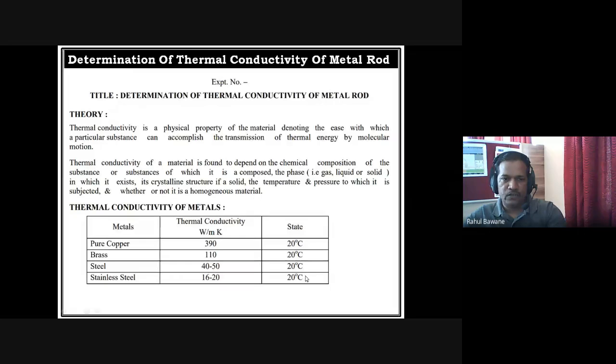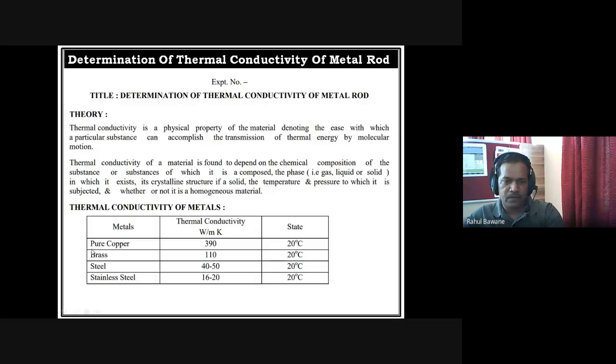If we go with metals, we observe that as we increase the temperature, that means if we heat the metals, then their thermal conductivity decreases, and in most cases this happens.